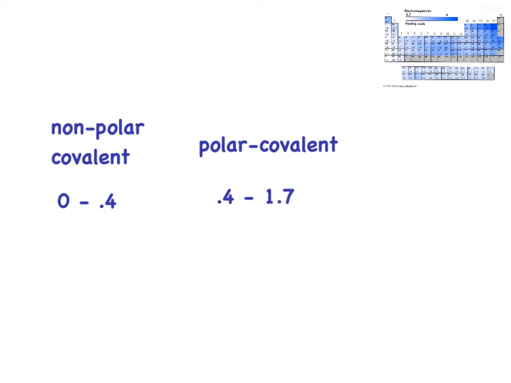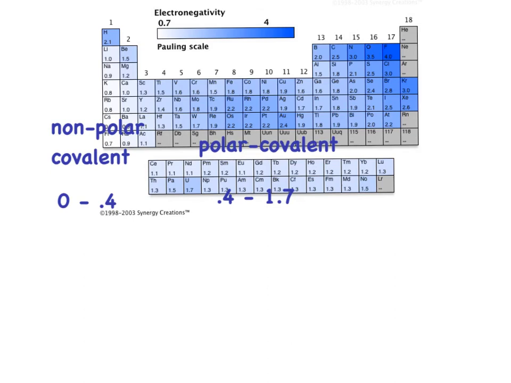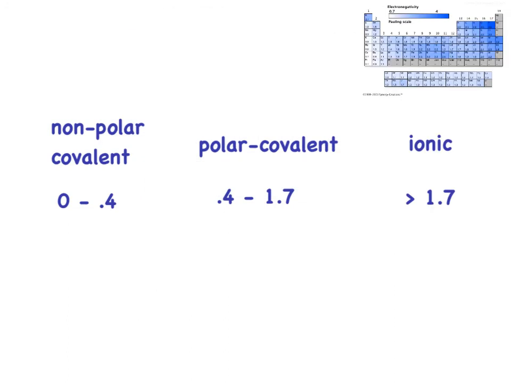So hydrogen, with a rating of 2.1 versus chlorine with a rating of 3.0, gives us a difference of 0.9. And so the bond between a chlorine and a hydrogen would be polar covalent. And if the difference in electronegativities between the two elements involved is equal to or greater than around 1.7, then we're talking about an ionic bond.